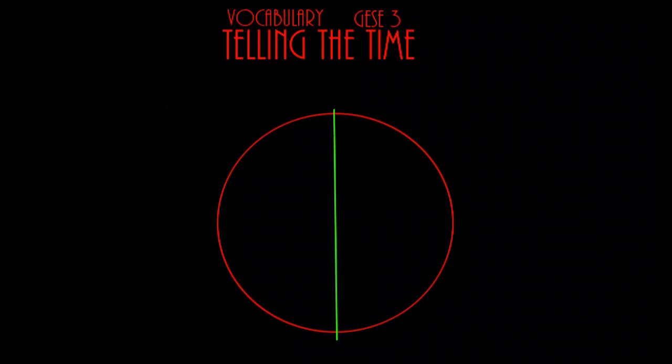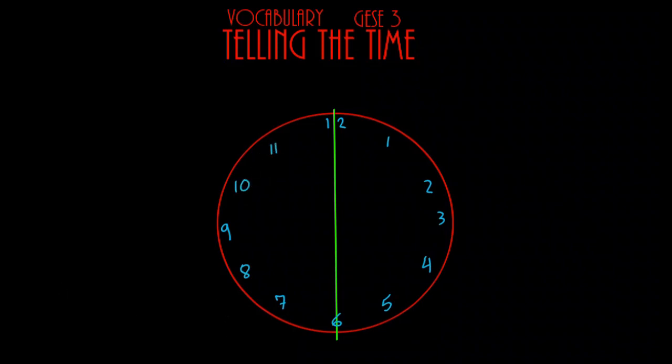So we have, of course, the numbers of the clock. So this would be 12. This would be 3. This would be 6. And this would be 9. And over here, of course, we have 1, 2, 4, 5, 7, 8, 10, and 11.